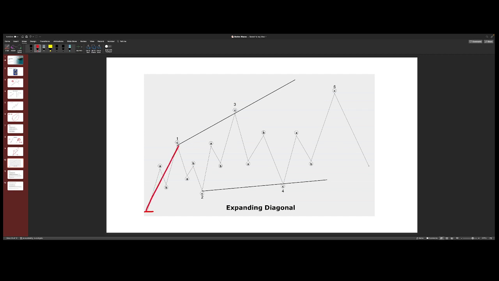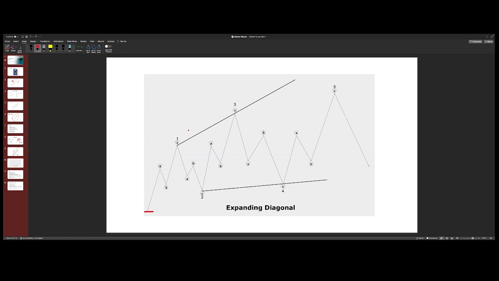You have wave 1, wave 3, and wave 5. Wave 5 will always be your longest, then the second, then the shortest. Similar with waves 2 and 4: short, longer.